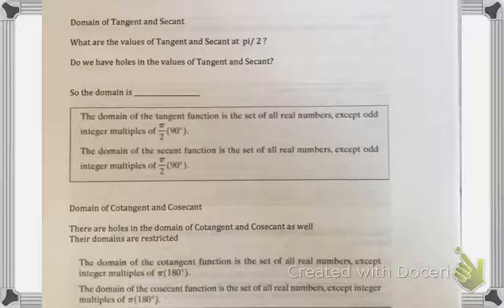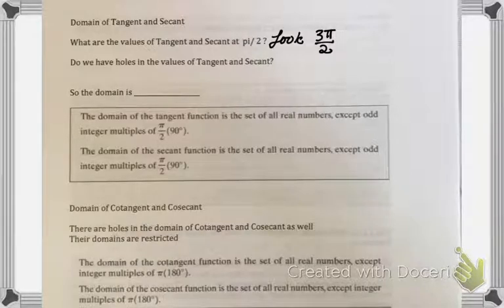So the domain of tangent and secant, there are some problems with that. I want you to pull out that unit circle. Take a moment if you have to pause this video to do so. And I want you to look at the values of tangent at pi over 2. I also want you to look at the values at 3 pi over 2.